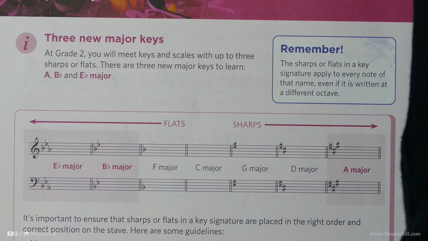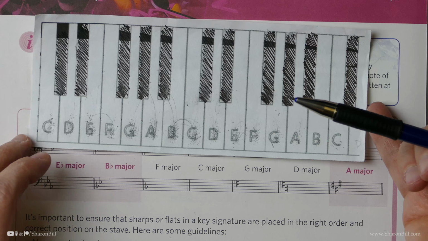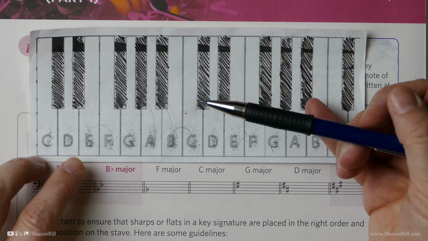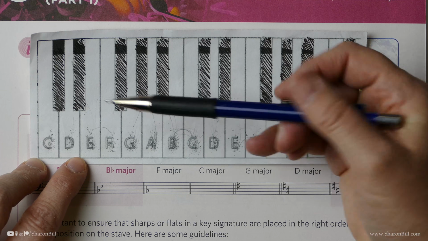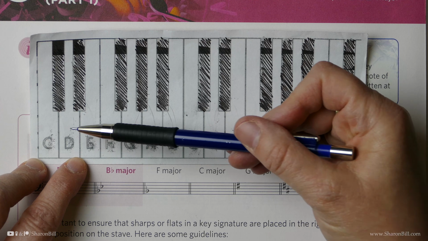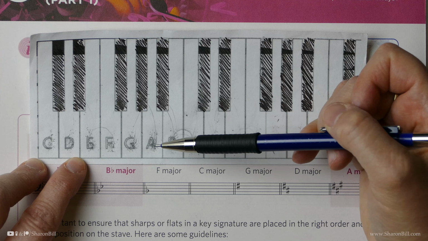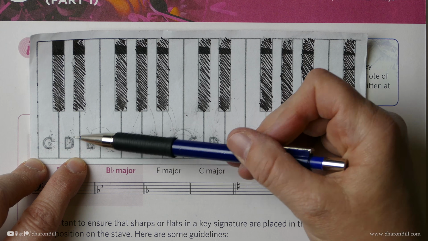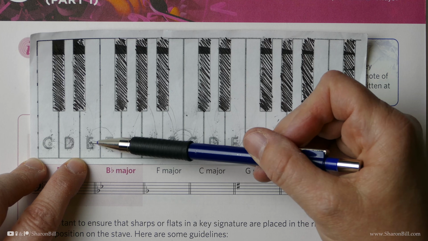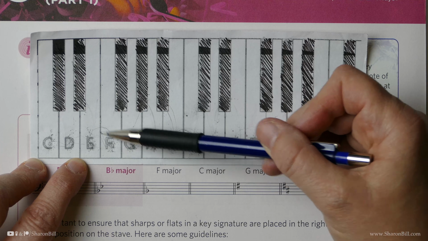C major is the easiest one to start with because it has no sharps or flats, it's all of the white keys on the piano, and the major scale must always be tone, tone, semitone, tone, tone, tone, semitone. So from C to D is a tone, D to E is a tone, E to F is a semitone. So there's our tone, tone, semitone.